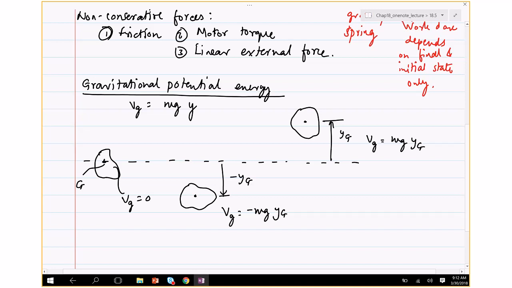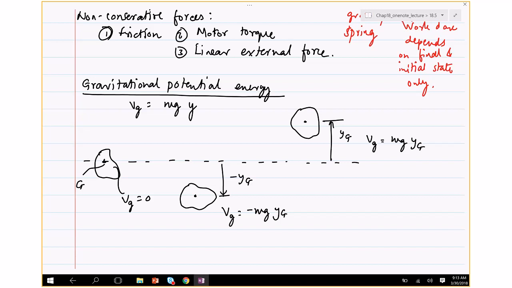So again, something to remember is that the sign which you'll see for Vg is going to be exactly opposite to the sign of work done. So what's the work done? When a particle moves down under gravity, mg is downwards, y is downwards. So it's multiplication of two negative signs. It's going to give you positive. So work done is positive, but potential is negative.